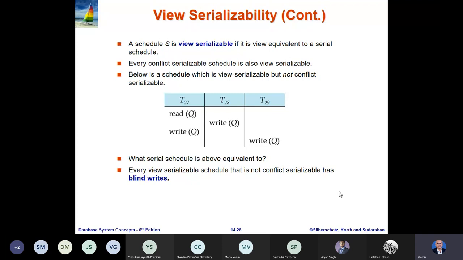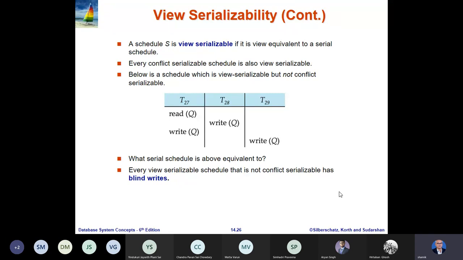If we had a serial schedule, say T27, T28, T29, what would be the final value of Q? T29's write will be there. And what did T27 read? T27 read the value of Q which was not written either by T28 or by T29. So if the original value of Q was 1000, T27 read that, and then might have changed 1000 to 2000, but T28 changed Q directly to say 3000, and T29 changed Q to say 5000.